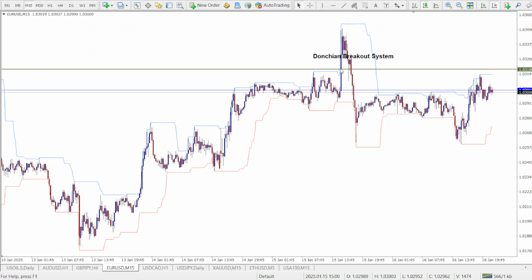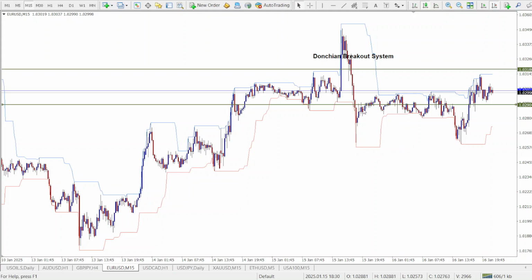So we would have had a good opportunity to buy around here after this initial breakout occurred. Similarly, when price breaks below the lower band, for example, what happened here, it's a good time to sell. So we had a sell opportunity right after, around here, when the price broke below this lower band.